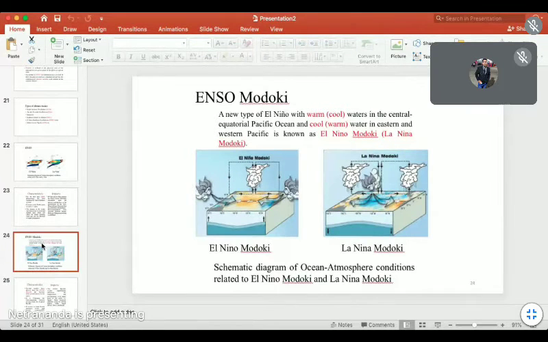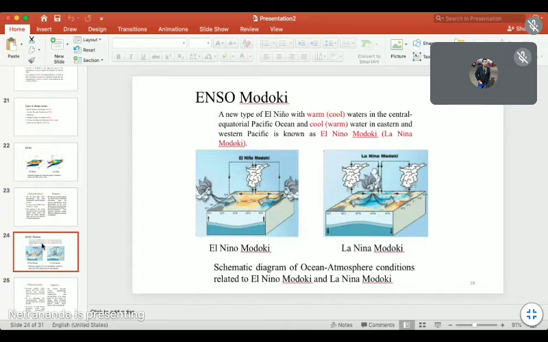But in the case of El Nino, the eastern Pacific is warming, and in the case of ENSO Modoki, the central Pacific is warming. Central Pacific warming means the east and west sides of the central Pacific are cooling, but the central part of the ocean is warming.